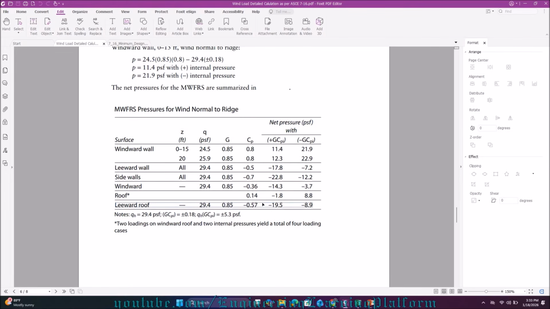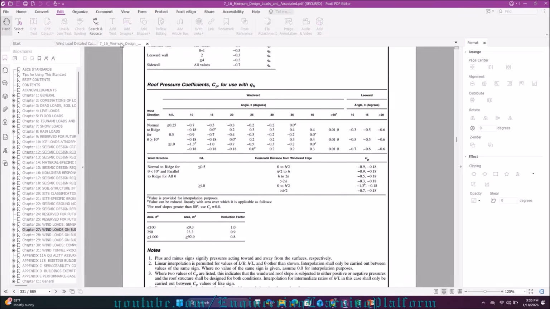Now for the roof, when the wind is flowing normal to ridge, we will be having four values of pressure. That's the important thing that you should keep in your mind. So this was about how we take out the value of external pressure coefficient for roof from the code.